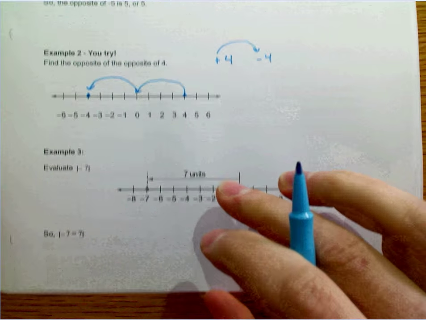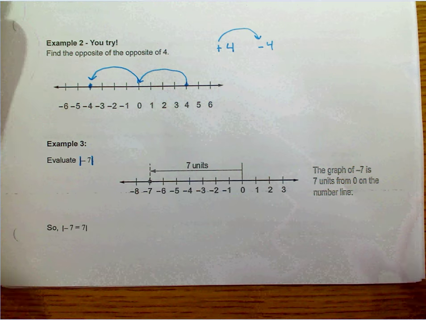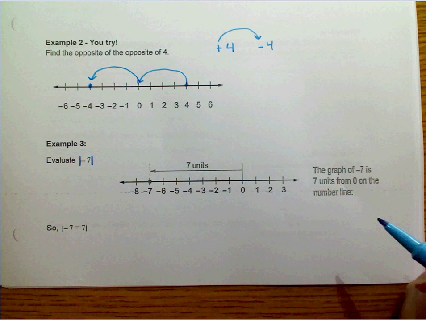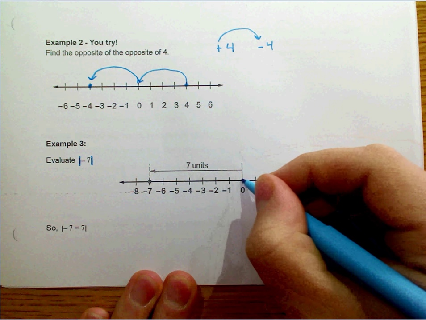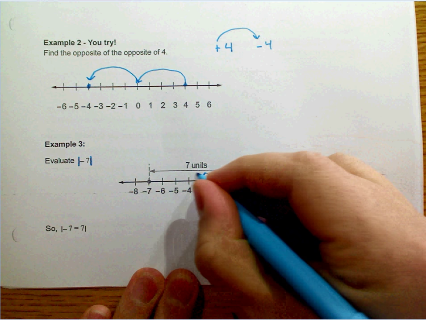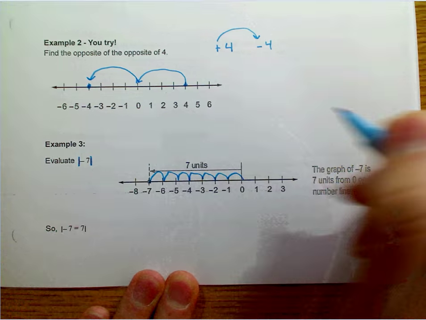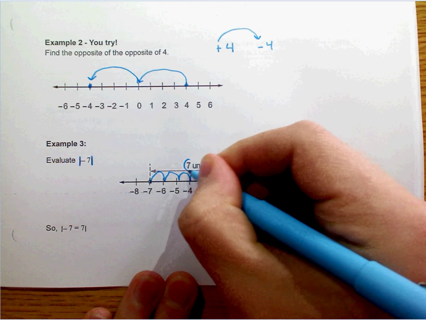Now absolute value, which is shown by these 2 vertical lines here, I'm sure that you guys have seen it on Khan Academy, is the distance from 0. So since negative 7 is 7 units away from 0, 1, 2, 3, 4, 5, 6, and 7, that means its absolute value or distance from 0 is 7.